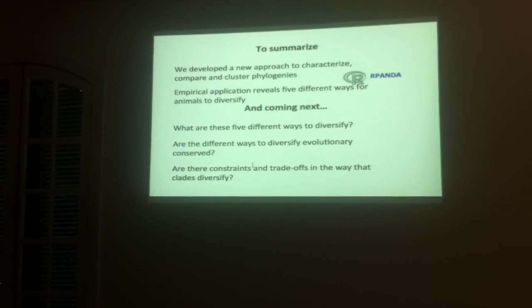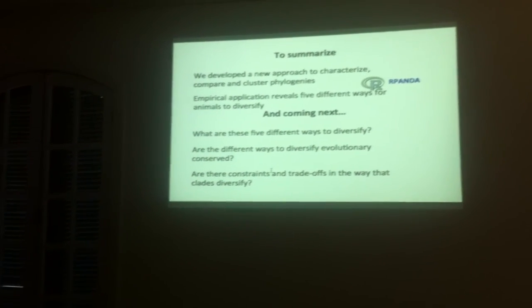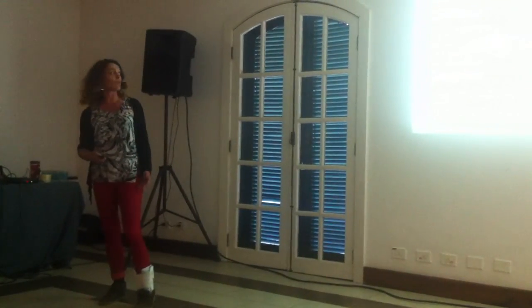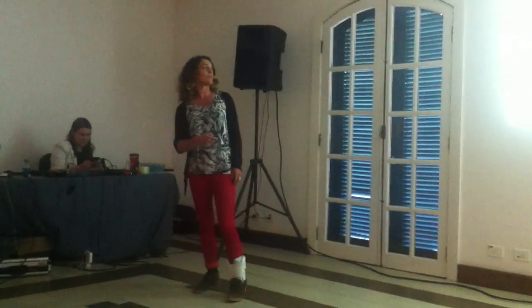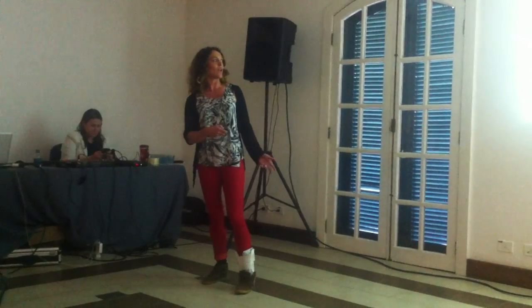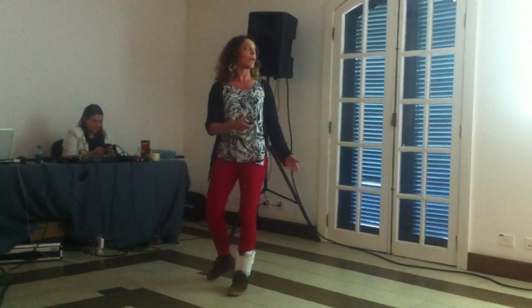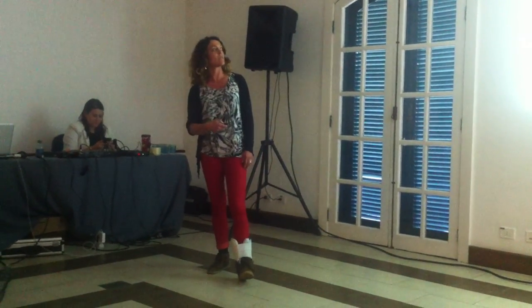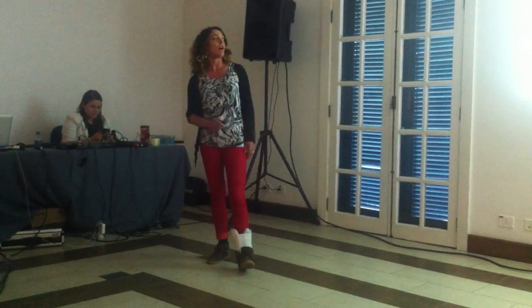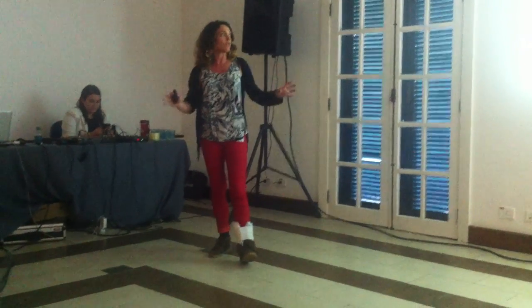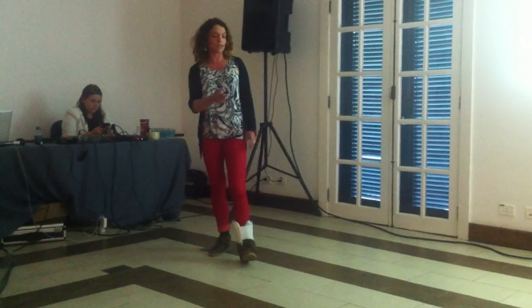So yeah, that's about what I had to say. Basically, we developed this new approach to characterize, compare, and cluster phylogenies. That's a little bit ahead; we're still working on that, but if we apply it to empirical phylogenies, it seems that there are five main different types of phylogenies that we see in nature.